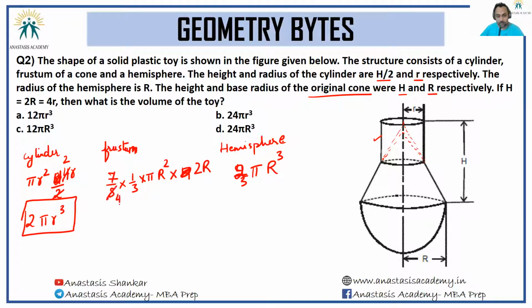So this cancels, gives me 4. This is gone. So I'm left with 7 by 8, sorry, not 7 by 8, 7 by 12 pi R cube plus 2 by 3 pi r cube.